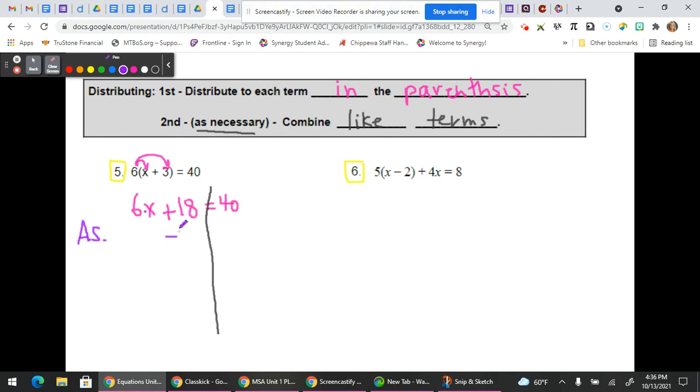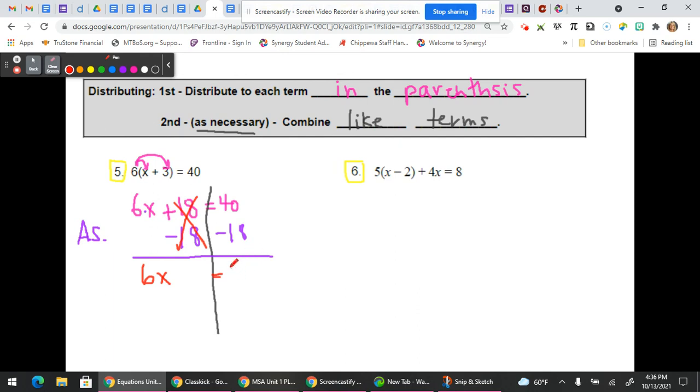So I'm going to unwind or undo by subtracting 18 on the left and on the right. Please draw your teeter-totter. There's my teeter-totter. So my 18s cancel out because a positive and negative are the same. So they are 0, which is now 6 times x equals 40 minus 18.